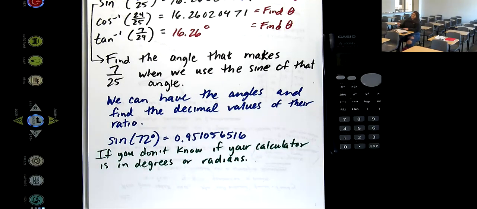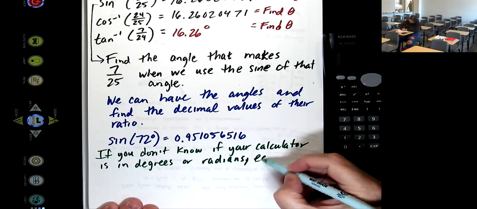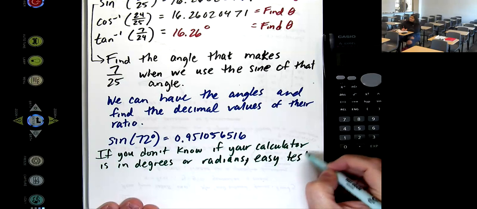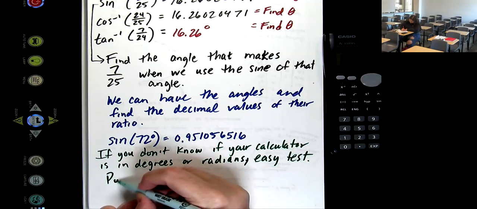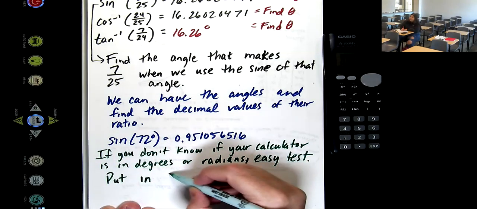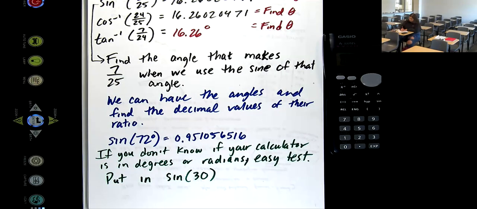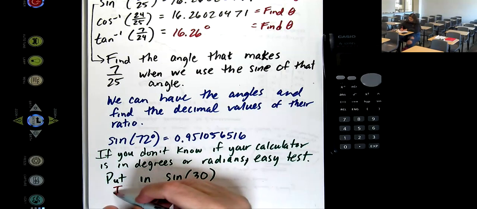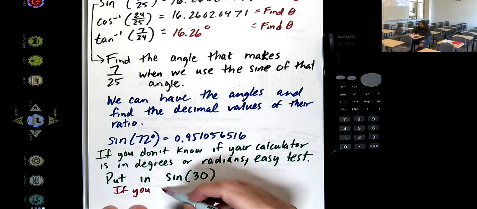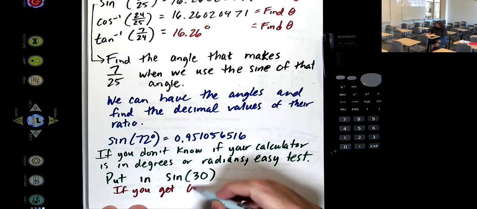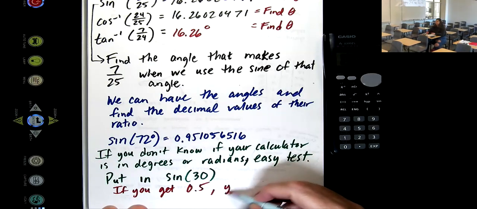So check it out. If you don't know if your calculator is in degrees or radians, this is an easy test. Put in sine of 30 like that. If you get 0.5, you are in degrees.